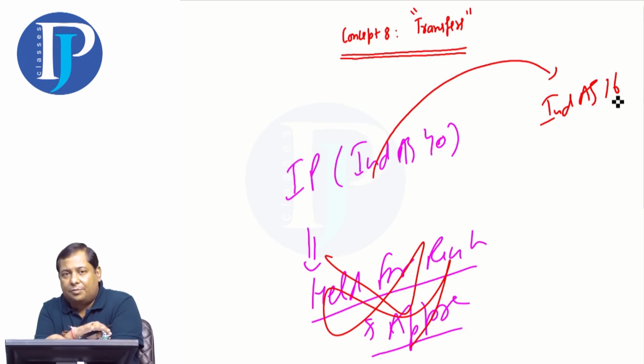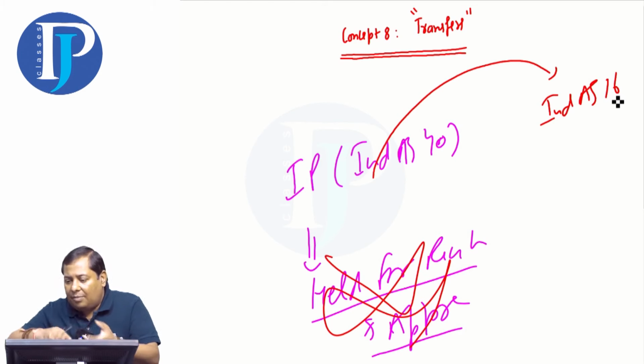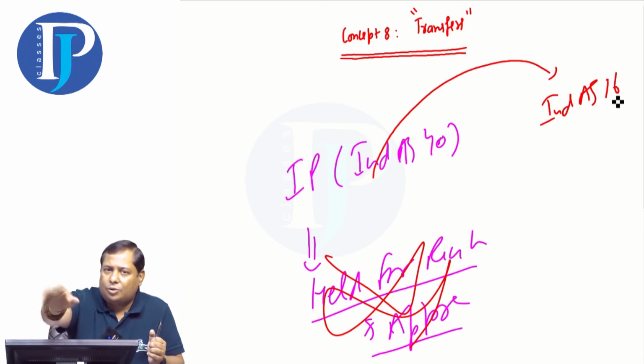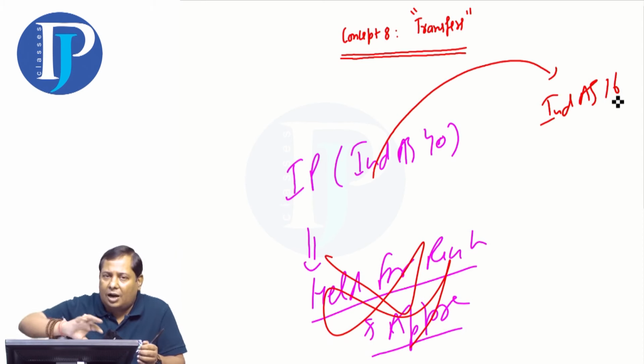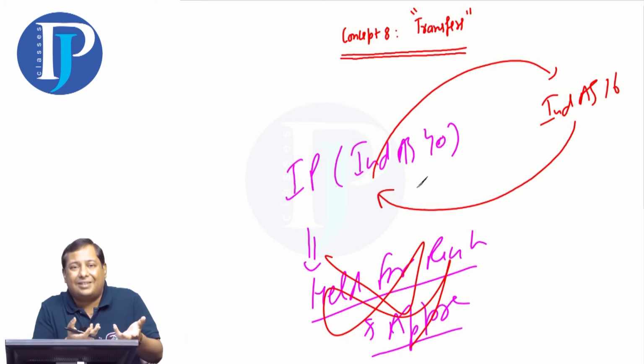This could also be the other way around. You were previously using this property in your business. Remember, you were going to put 16 on it. But now your intention has changed. You felt that we will take it out. It could also be taken from 16 to 40.